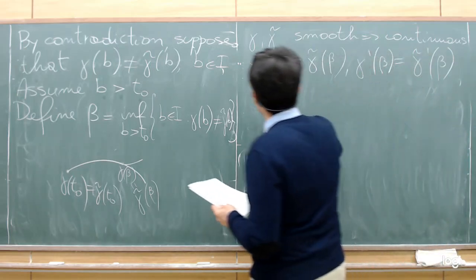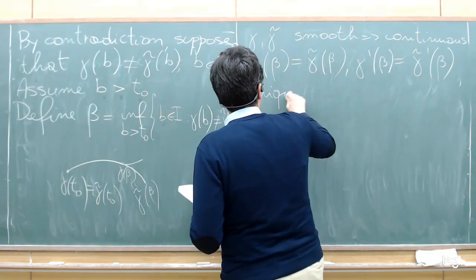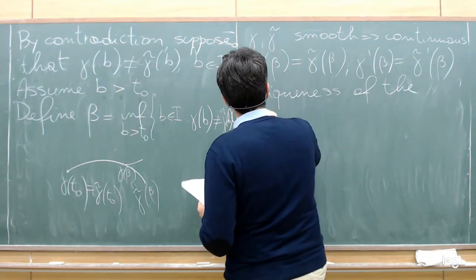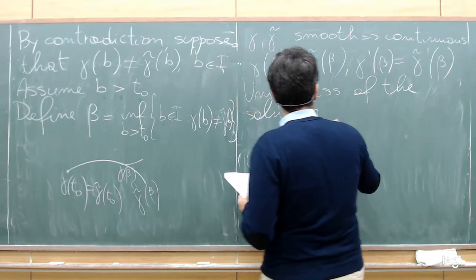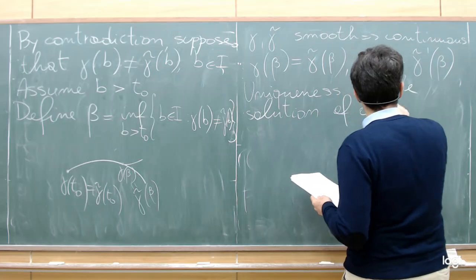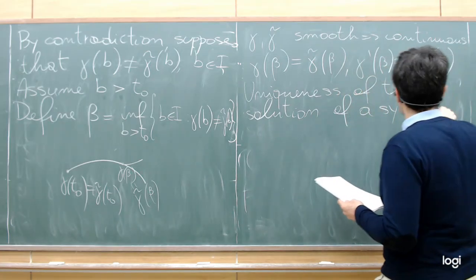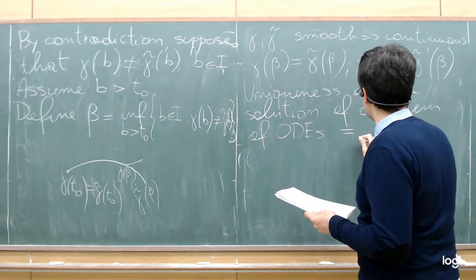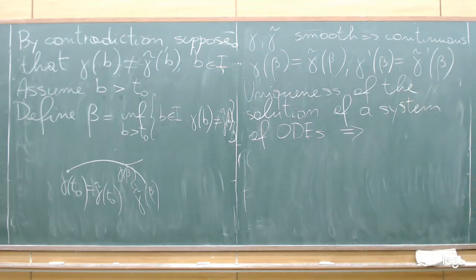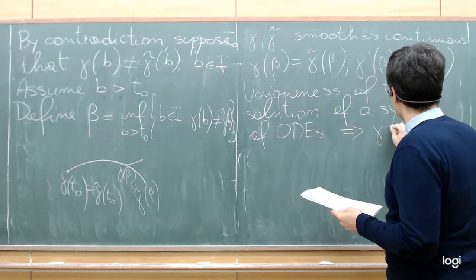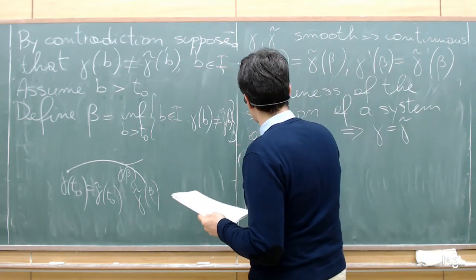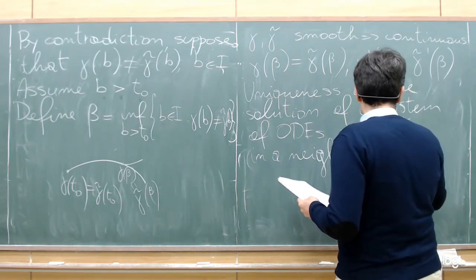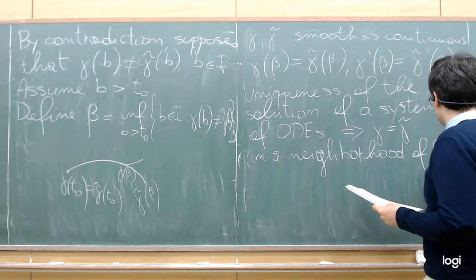Then I use again the uniqueness of the solution of a system of ODE to say that gamma equal gamma tilde in a neighborhood of beta.